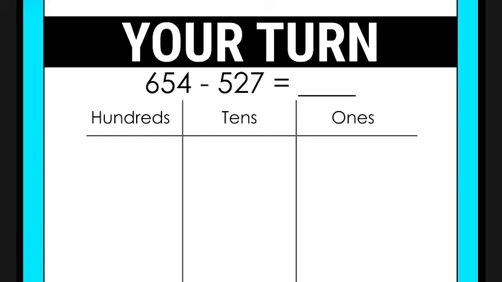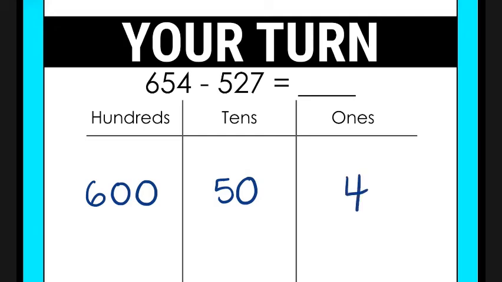Now that you've done that, go ahead and build your minuend in expanded form. You should have 6 hundreds. You should have 5 tens. And you should have 4 ones.